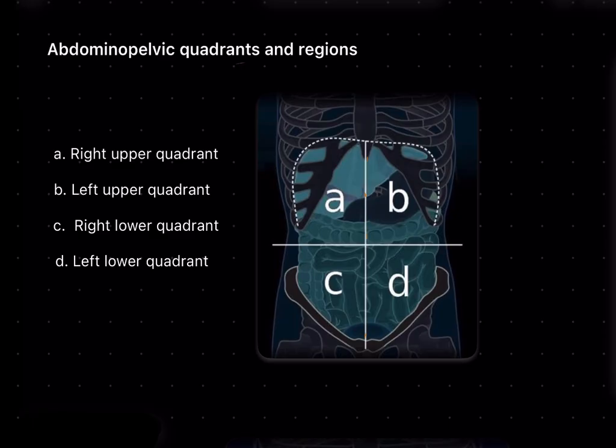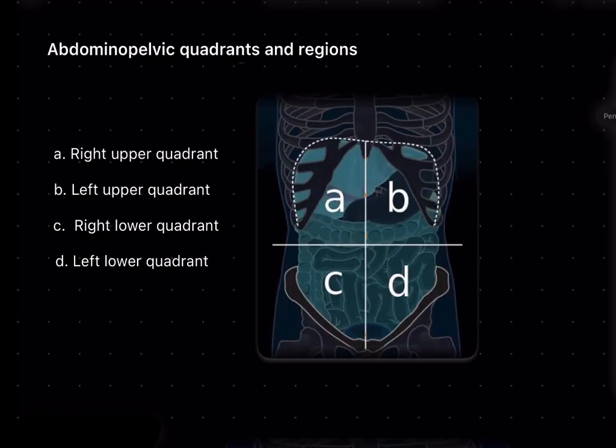Typically, the abdominopelvic region is divided either into 9 regions or 4 quadrants. The regional approach is more detailed, while the quadrant approach is simpler and more commonly used in medicine. So, what does this quadrant approach look like?